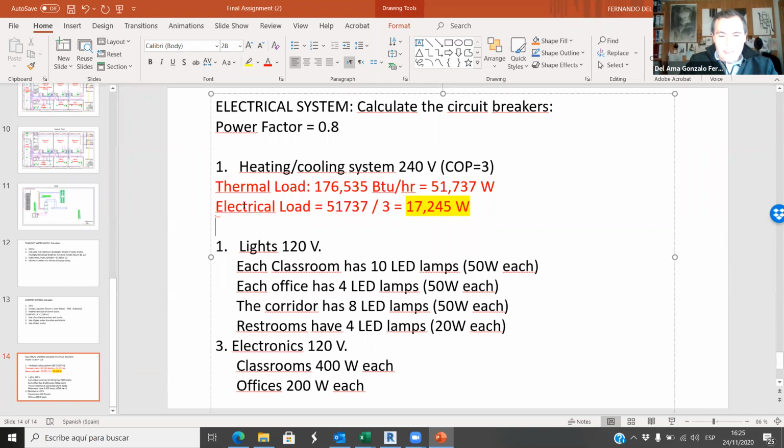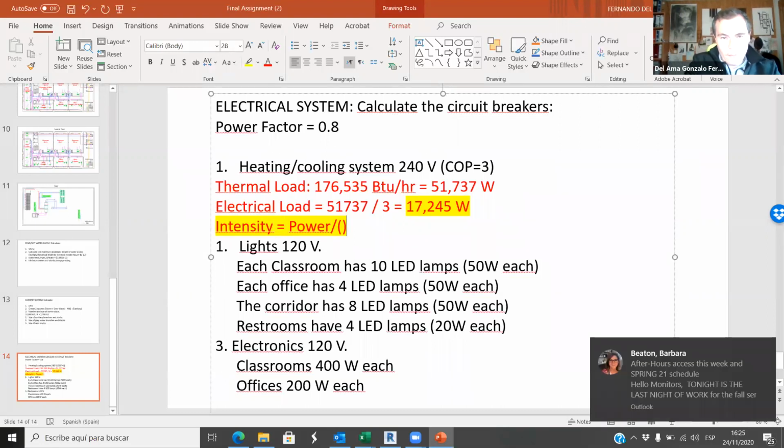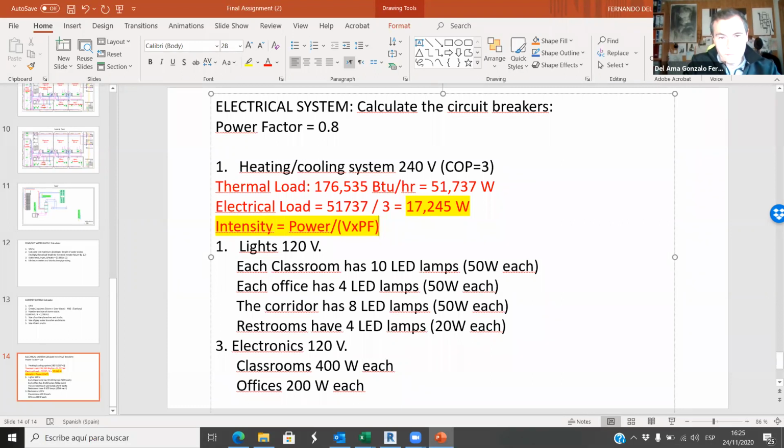So what is the intensity? Intensity is the power divided by voltage times power factor. Okay, we have done this before.